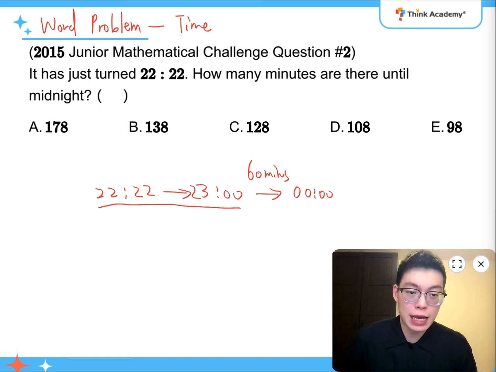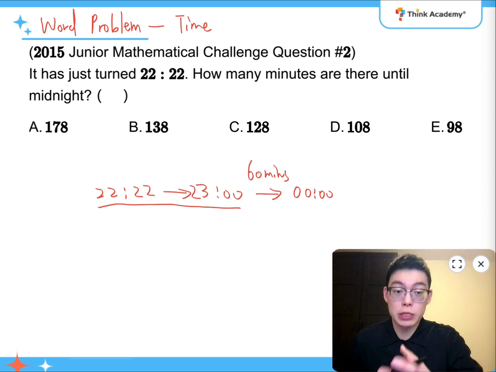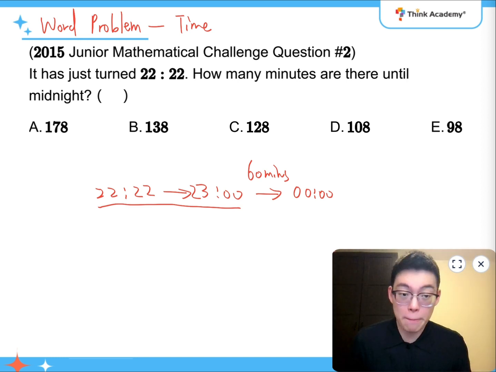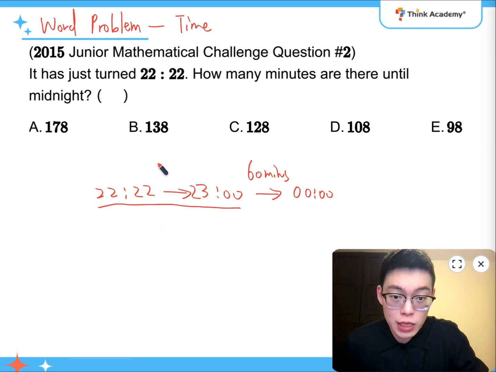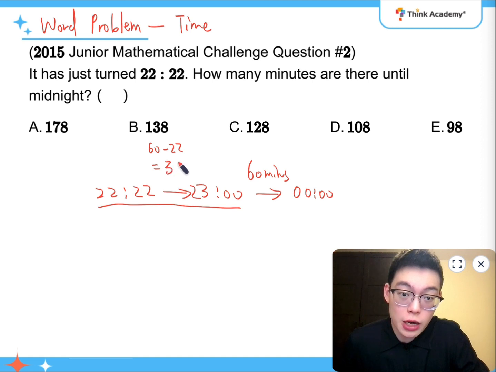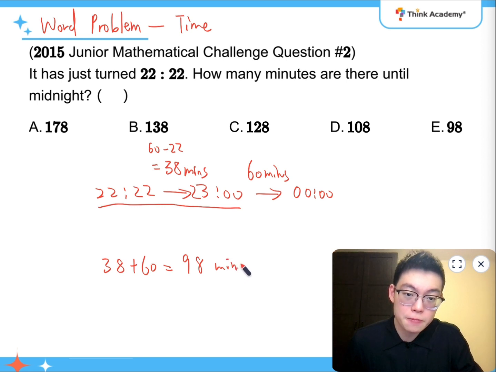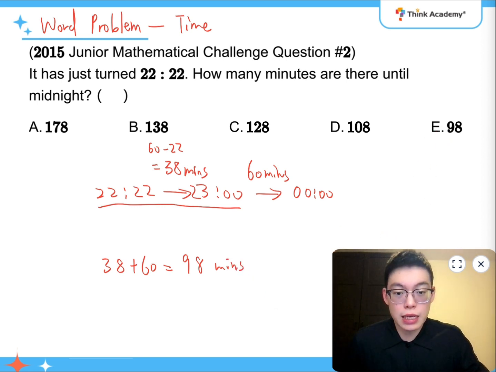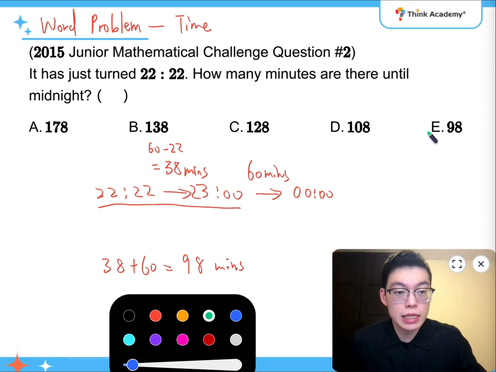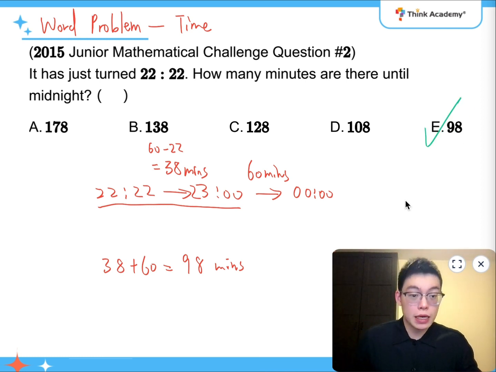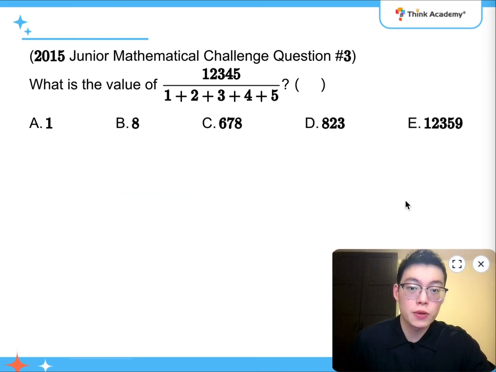That's how many minutes it has left in the hour between 10 to 11 p.m., right? So 60 take away 22, that's giving us 38. So that's going to be 38 minutes right there. So altogether we have 38 adding 60, which makes 98 minutes. All right, so the answer is going to be 98. Okay, so that's for question 2.